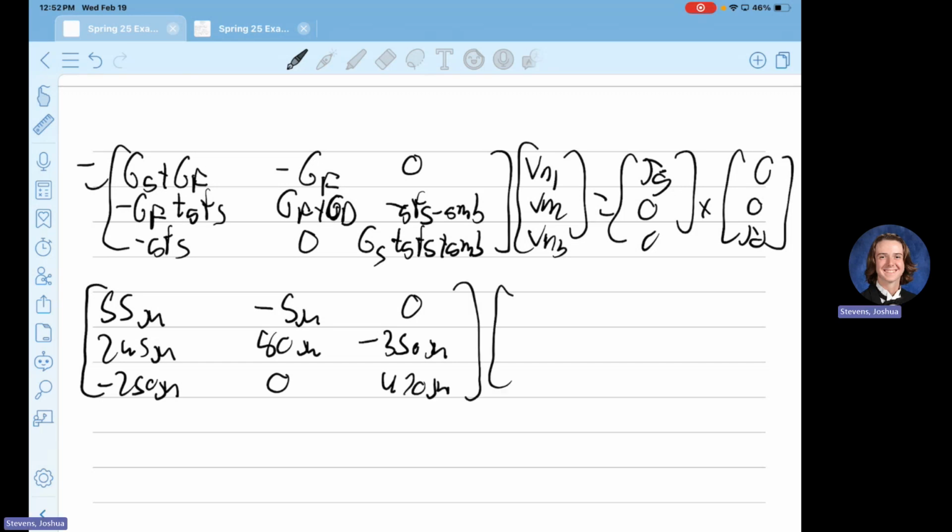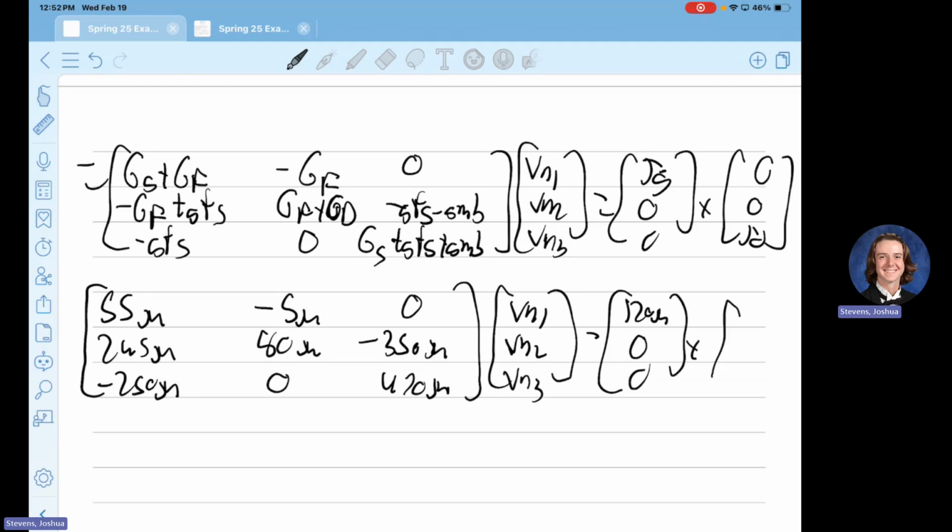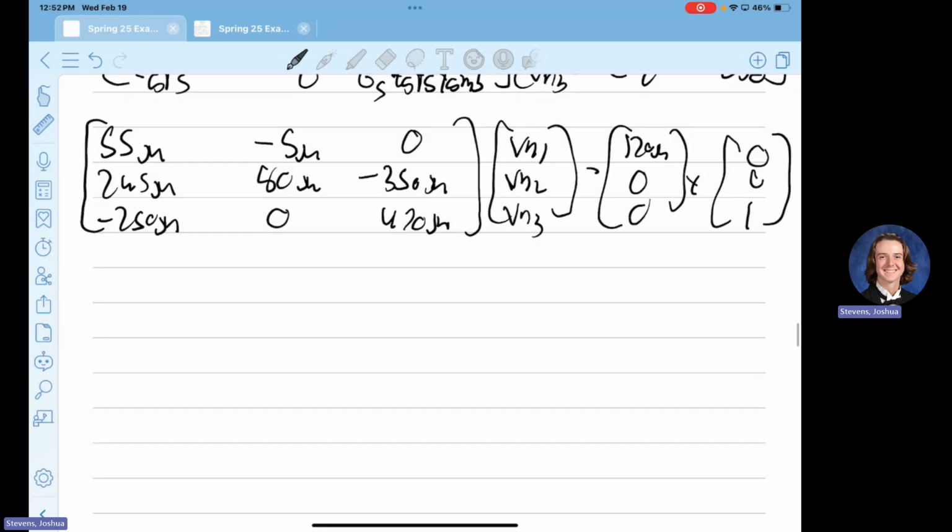This is all times VN1, VN2, VN3 equals our JG of 120 micro, 0, 0 plus 0, 0, 1. Do we agree? Okay. The first thing we're going to do is find E Thevenin. So what do we do to find our E Thevenin?